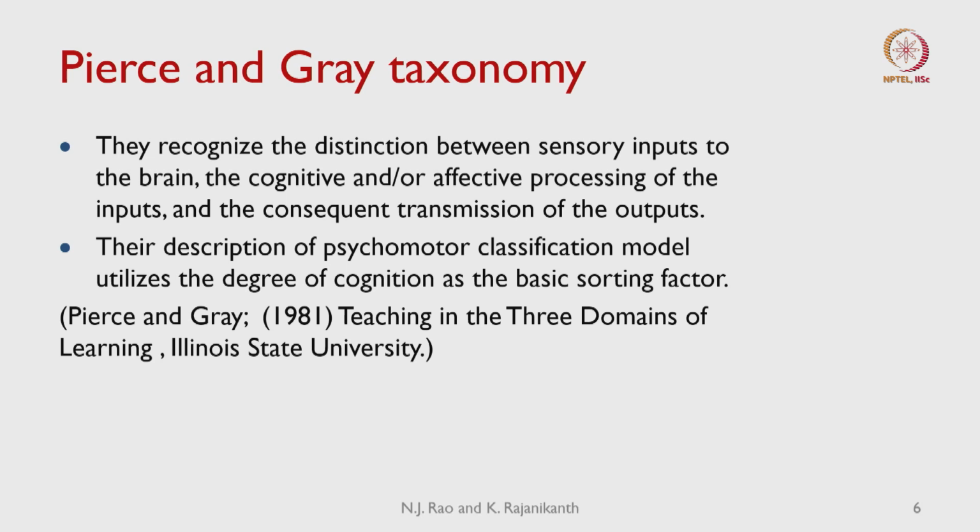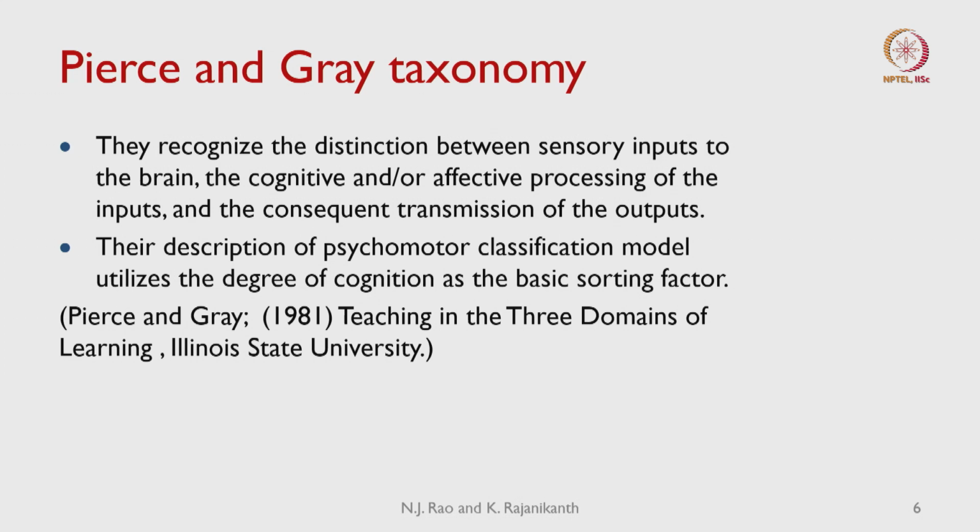You have sensory inputs which everyone will accept, and then that information is processed by the brain either cognitively or affectively, both, and then it creates the output mechanism like your hands, fingers, feet and so on, and the transmission of these outputs plays a dominant role.